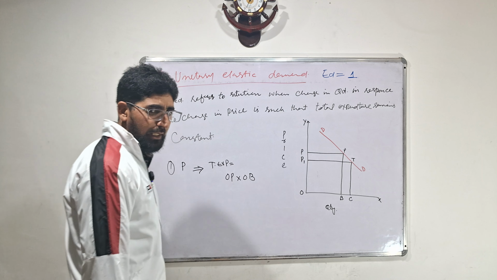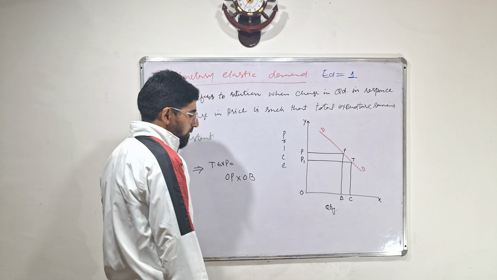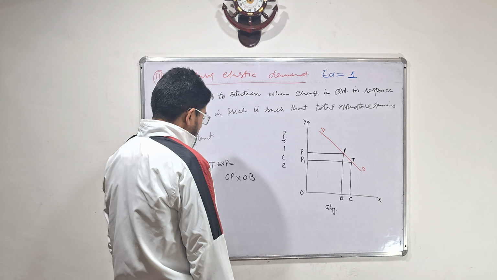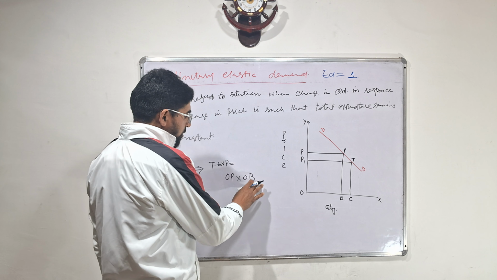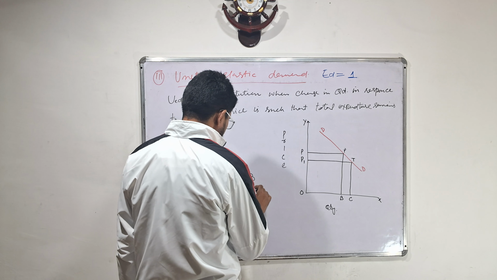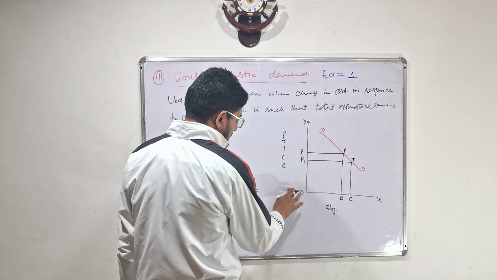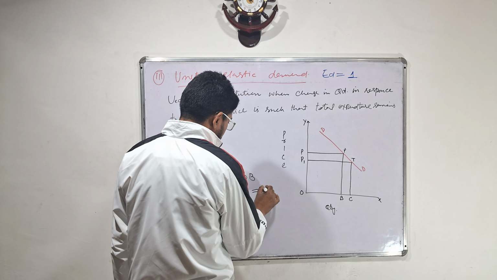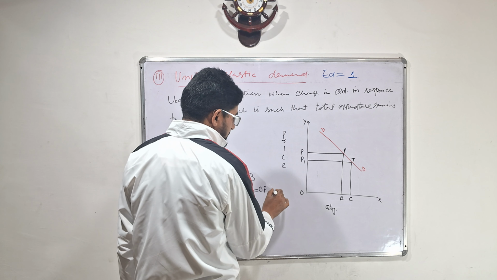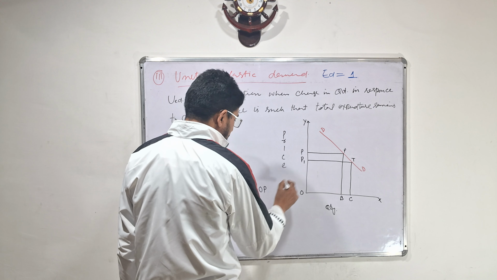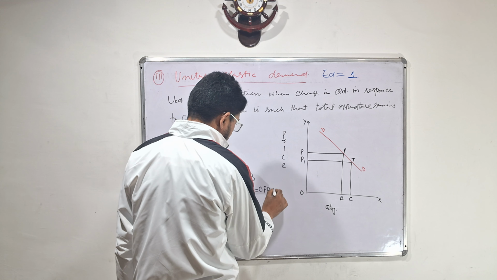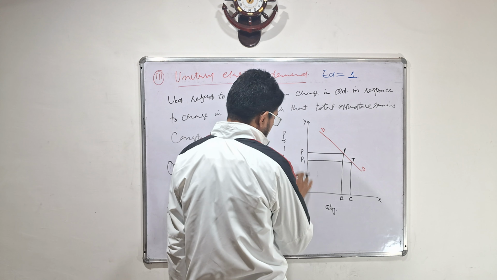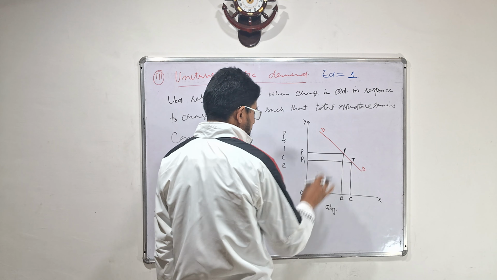So OP multiplied by OB will be equal to the area OPBP, this area. This is the first one.